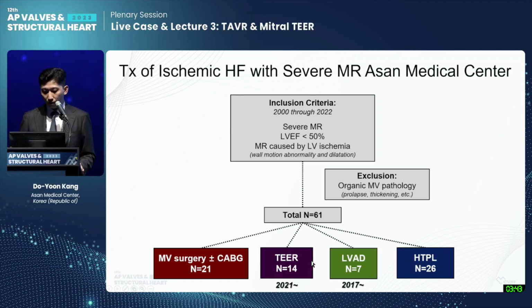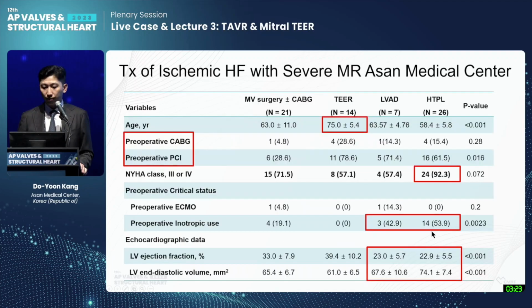And we actually did TEER in 20 patients, but clinical follow-up is still short, and 14 patients were included in this analysis. LVAD was done in 7, and transplantation was done in 26 patients. Well, I can assume that many patients underwent transplantation for this indication.